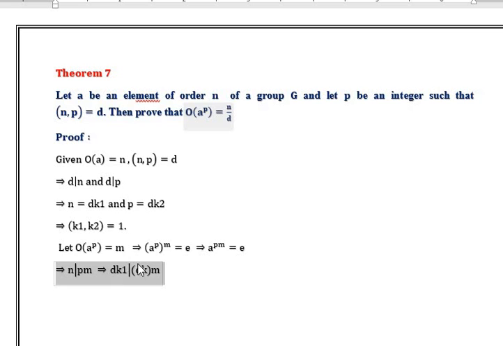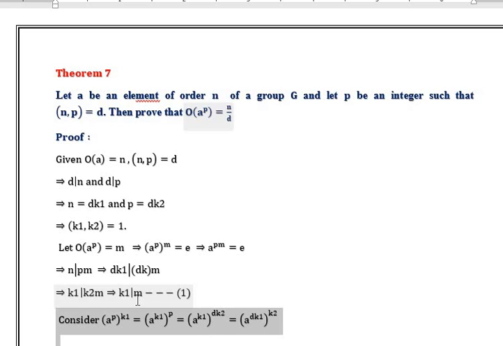So by substituting those values, we get dk1 divides dk2 m. So d and d cancel. Then we get k1 divides k2 m, which implies k1 divides m. Treat this as equation 1.